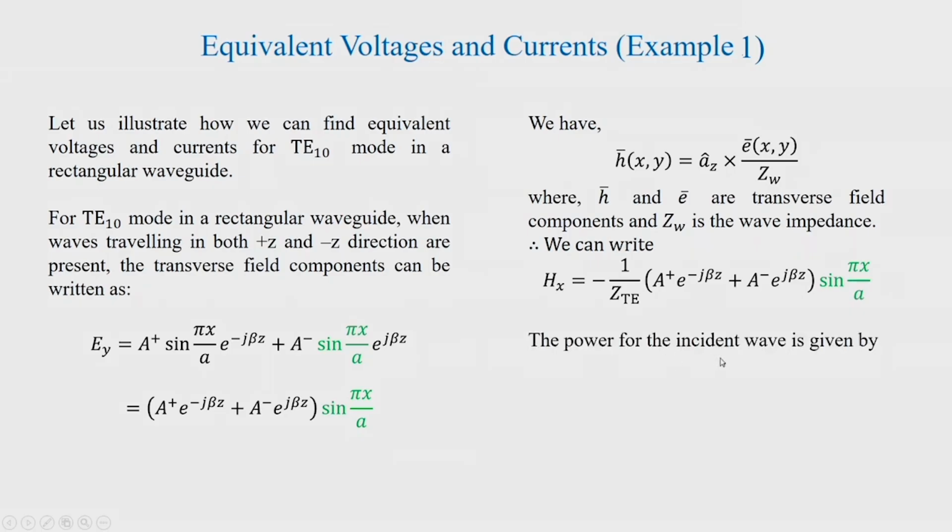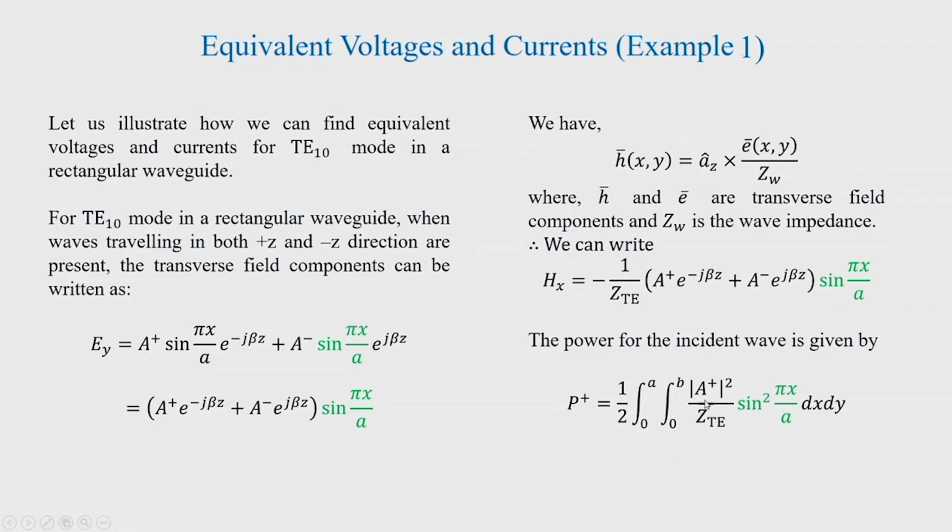So, the power for the incident wave, let us denote it by P plus, and from this Ui and Hx component we can find this power to be half integral 0 to a, 0 to b.